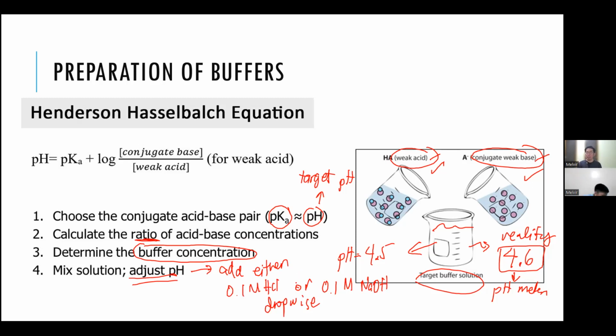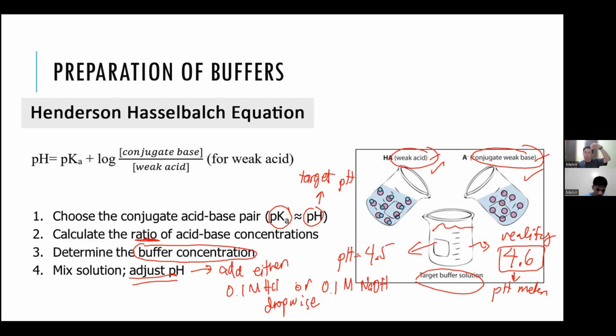In our case, ano ang gusto mong mangyari, Josh? Sa reading ng pH meter mo, 4.6. So, anong i-add mo sa acetate buffer mo? Ang target mo ay 4.5. Strong acid, like 0.1 molar HCl. So mag-a-add ka ng 0.1 molar HCl, dropwise yan ha.